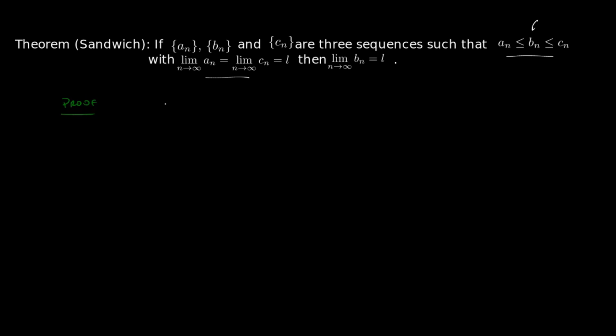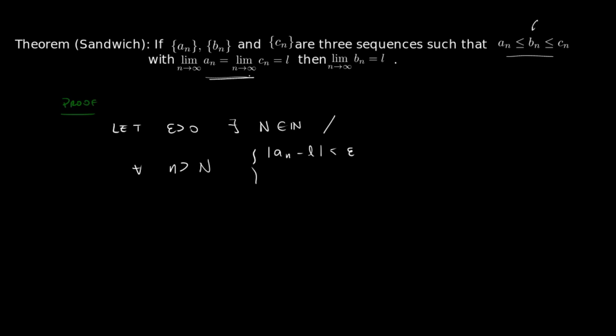The information we have is about the limits of A and C. So let's start with the definition. Let epsilon be a number greater than 0. We know that there exists N, a natural number, such that for every number n that's greater than this N, two things will happen. First, the limit of A is L. So the absolute value of a sub n minus L is smaller than epsilon.